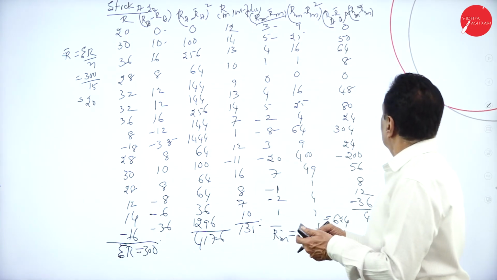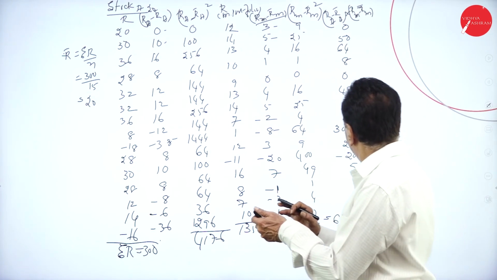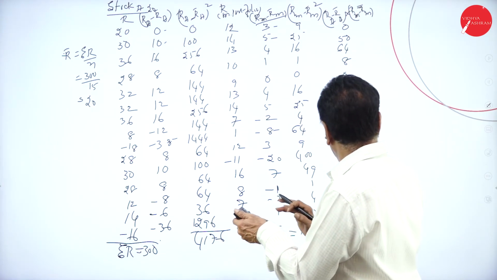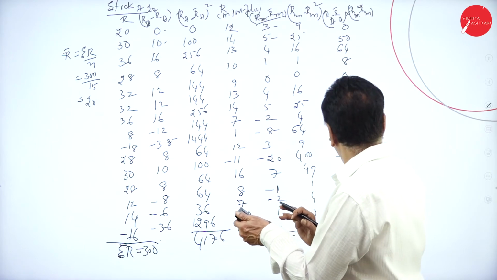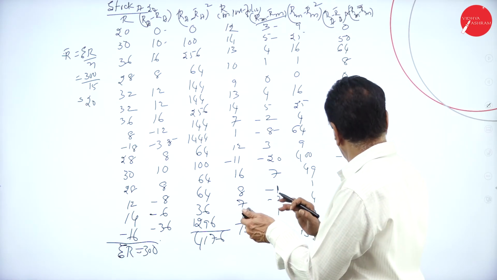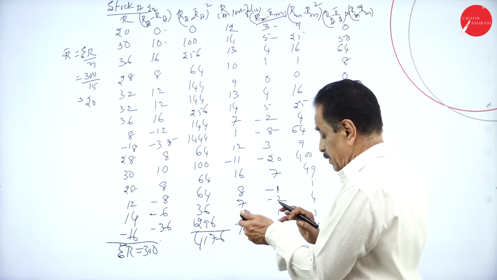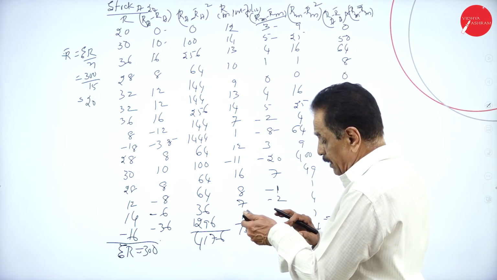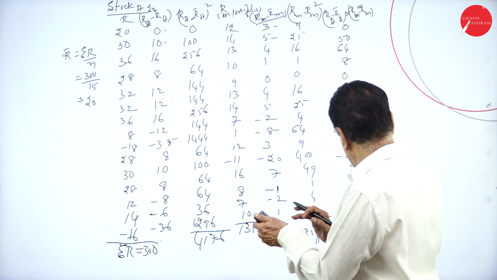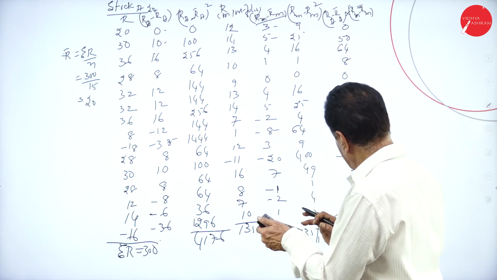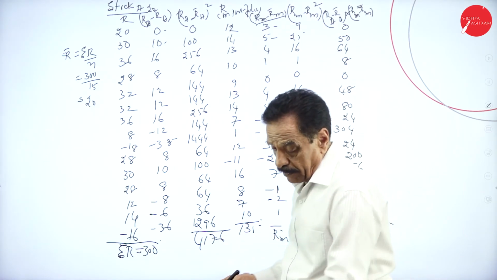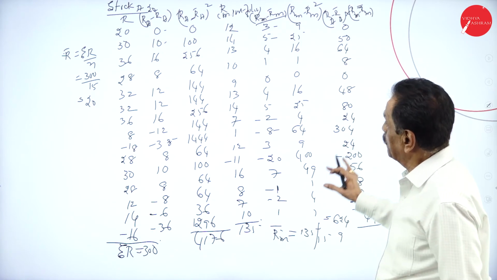I'll repeat: 50 plus 64 plus 8 plus 48 plus 80 plus 24 plus 304 plus 24 minus 200 plus 56 plus 8 plus 12 minus 36, 442. Correct. Hope you understand this application.